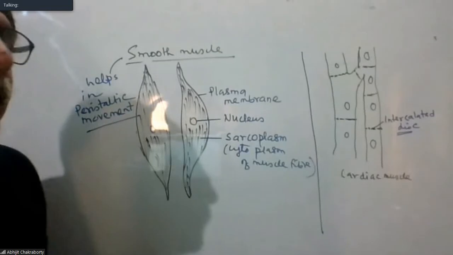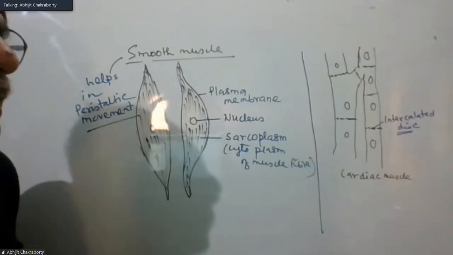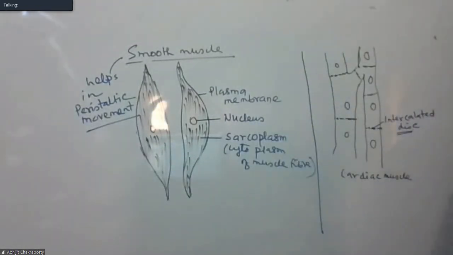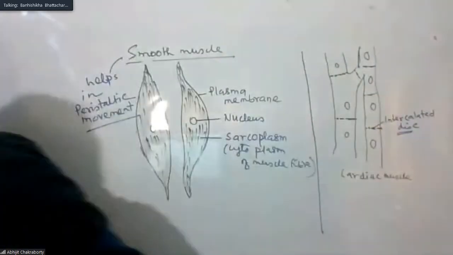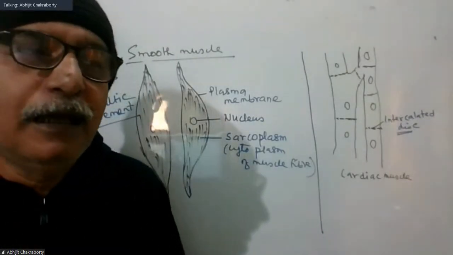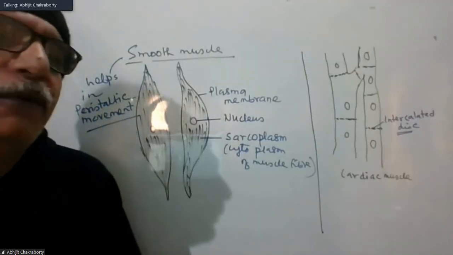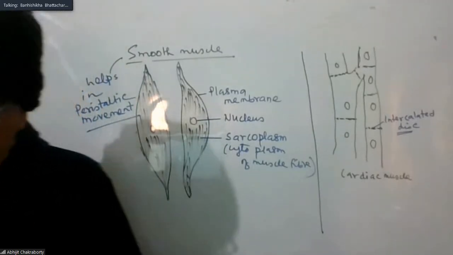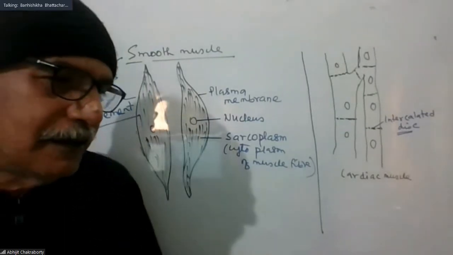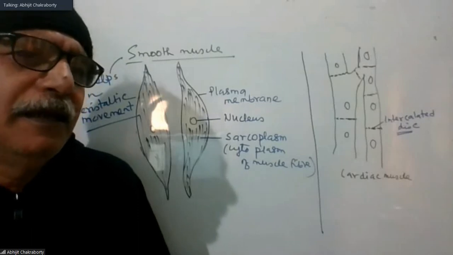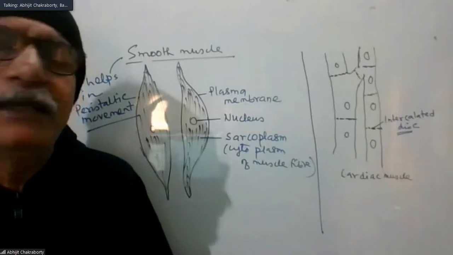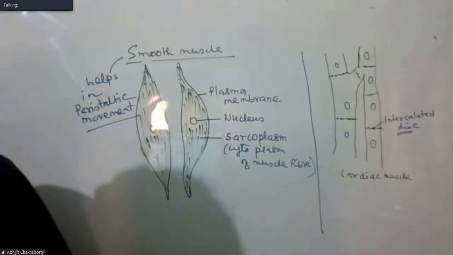Differentiate between cardiac muscle, skeletal muscle, and smooth muscle. Sir, how many points do we have to give? Yes, 4 points, not more than 4 points. Sir, how many marks will it carry? Difference? 2-3 marks. Actually 4 marks, what I am going to give you for 4 points, because it will be helpful in the answers, that's why. Okay, sir.